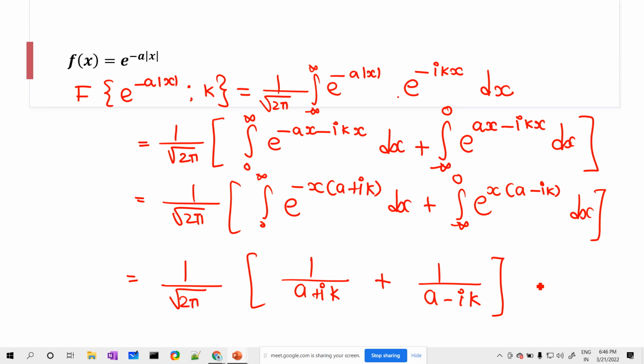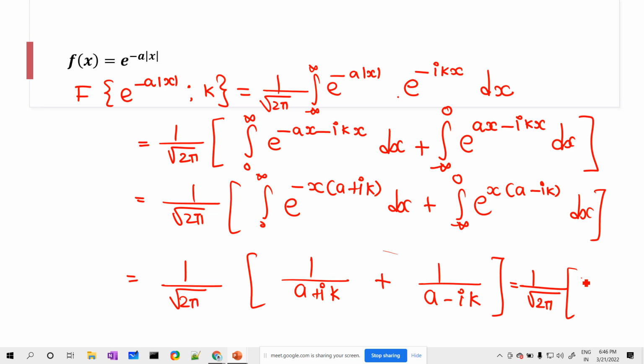We can further simplify this. If you integrate the first part, it is 1 upon a plus ik. If you integrate the second part, it is nothing but 1 upon a minus ik. Just integrating it, substituting the limit. So at the end, I get 1 upon root 2 pi. If I just simplify, this is nothing but a minus ik plus ik cancel.